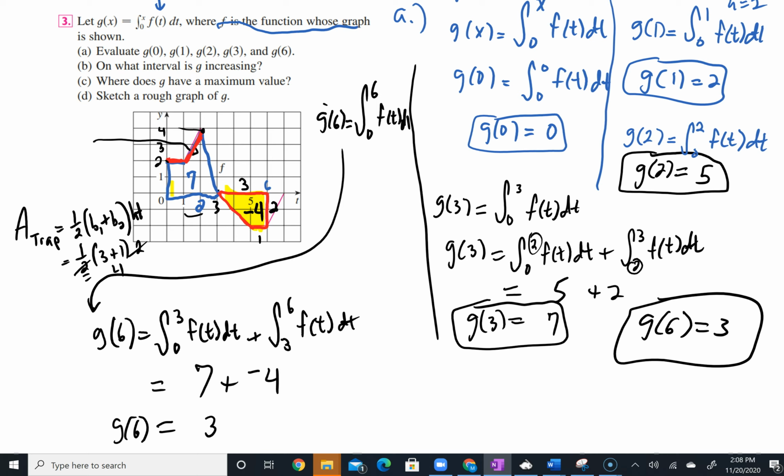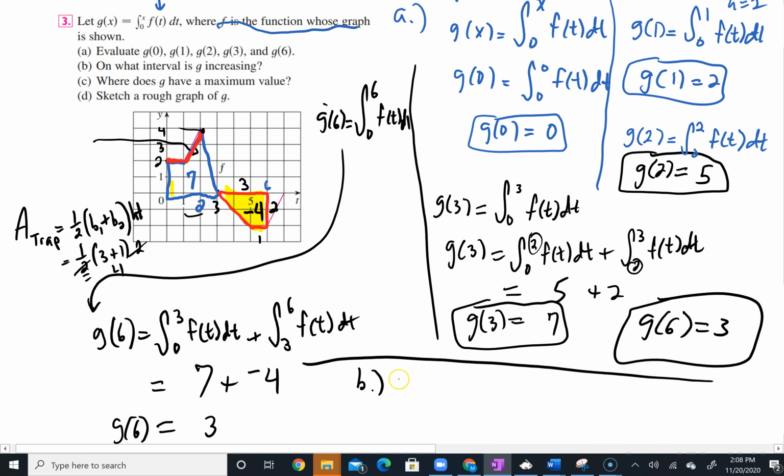Let's just say that down below for B, we're interested in where G is increasing. G is increasing where G prime of x is positive, right? We know that.